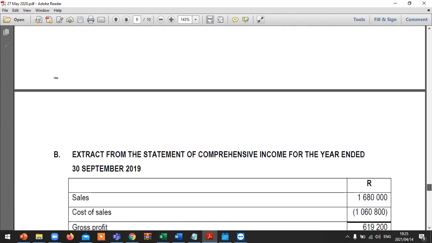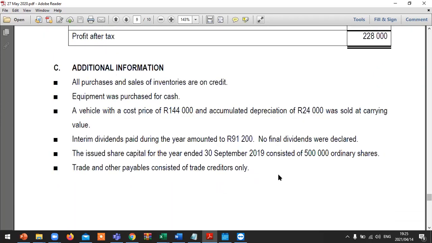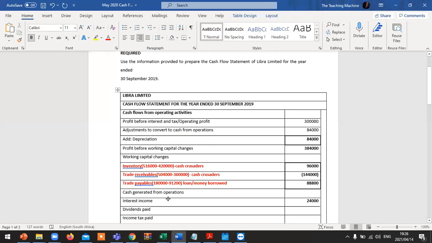So how much was paid for dividends? 91,200 rands. This information. So we're going to use 91,200 rands. So I'm going to go here and say for dividends paid, we paid 91,200 rands only.